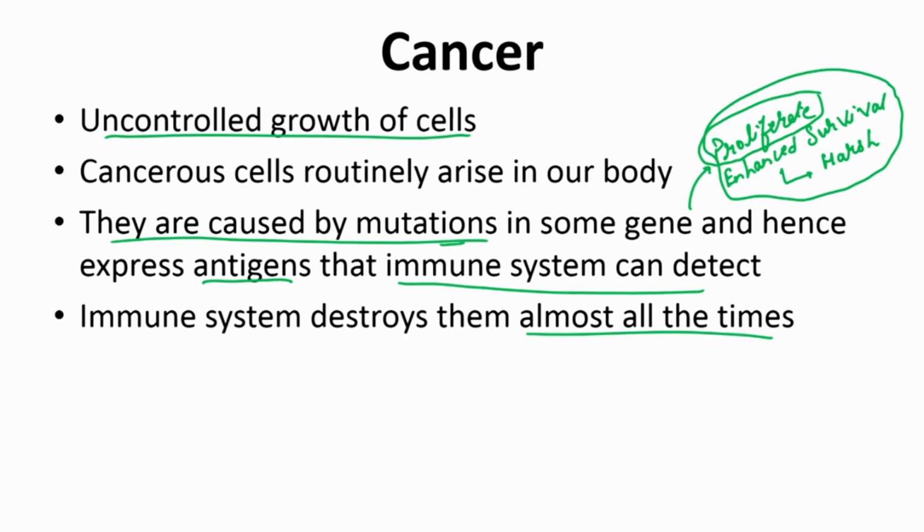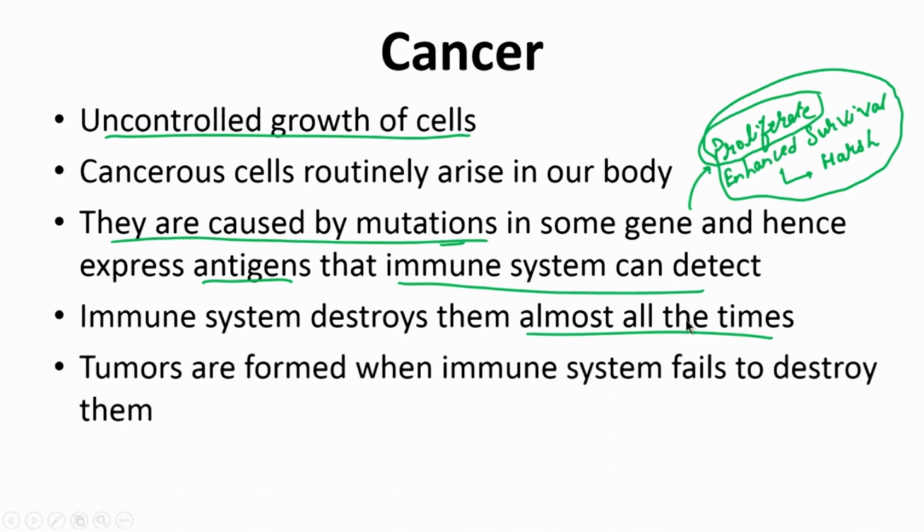That is why we do not see cancer develop as often as it could. But there are a few cases in which the immune system fails to destroy them. Maybe these antigens are not as immunogenic, or maybe the immune system is not able to survey the whole body. Once that happens, these cancer cells proliferate and form tumors.